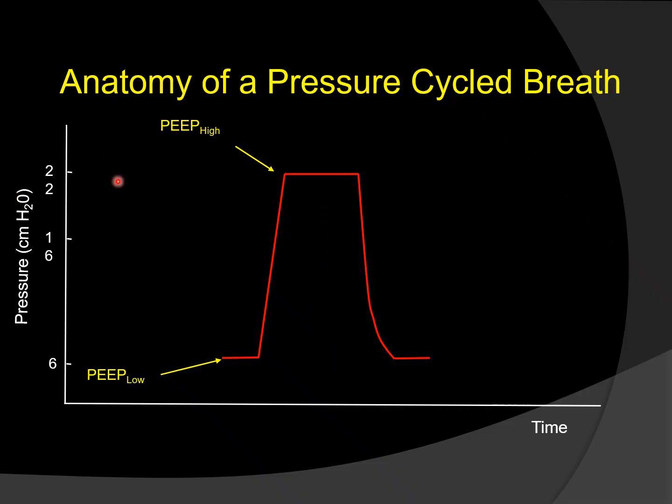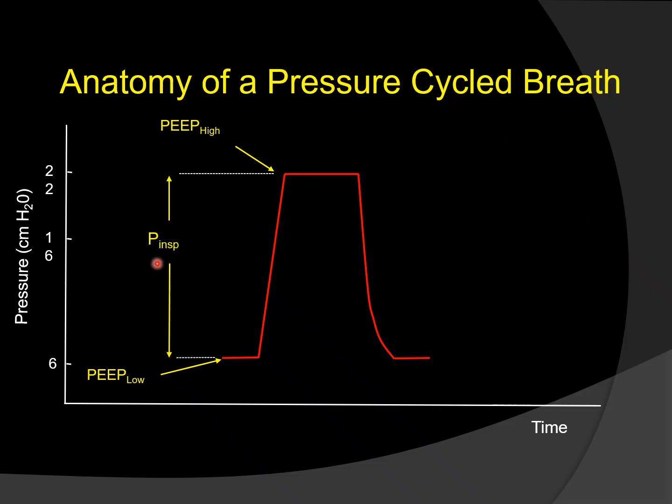So this patient's high pressure of 22, excuse that this is vertical, but that's a 22, can be described as an inspiratory pressure of 16. It's the same thing. Whether you say the patient's on PEEP low of 6 with an inspiratory pressure of 16 or a PEEP low of 6 and the PEEP high of 22 is identical.